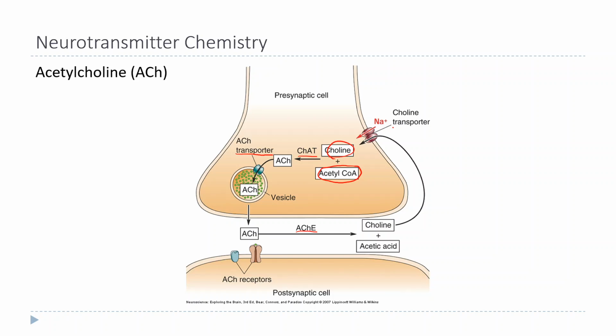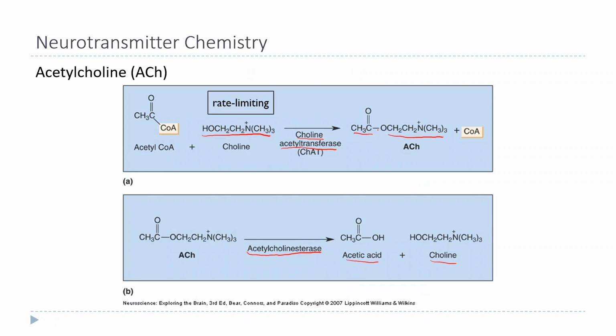It moves a molecule of choline along with a sodium ion. Remember that sodium has a very large concentration gradient going down into the cell. The choline transporter makes use of that. It uses the movement of sodium to help move the choline into the cell. And that's how the acetylcholine gets broken down and recycled.